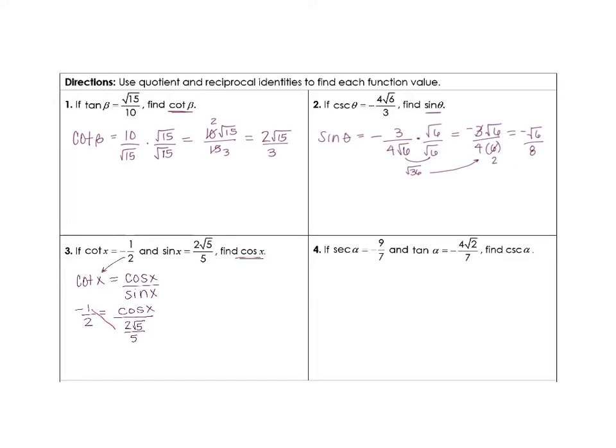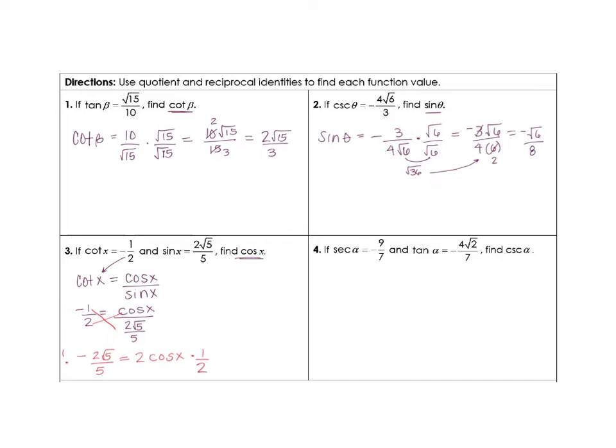Here's where we come back and cross multiply. So negative 1 times our denominator, we're going to have negative 2 square root of 5 over 5 is equal to 2 times cosine of x. And then again, I'm going to divide both sides by 2 or multiply by 1/2. I would rather just multiply by 1/2 since I have a fraction over on this other side.